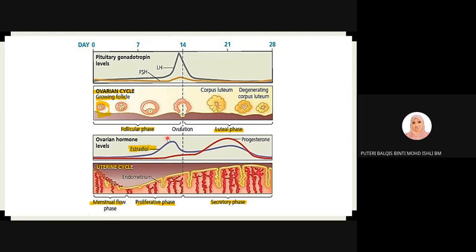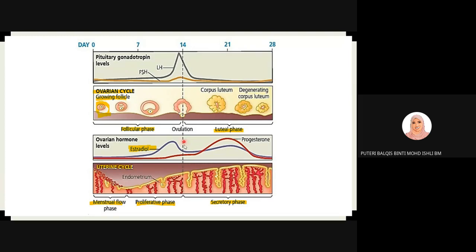Estrogen tinggi tu akan repair and thicken the endometrium. Sebab itulah FSH naik, LH pun naik. Bila naik, it will cause final maturation of follicle, ovulation, and development of corpus luteum.